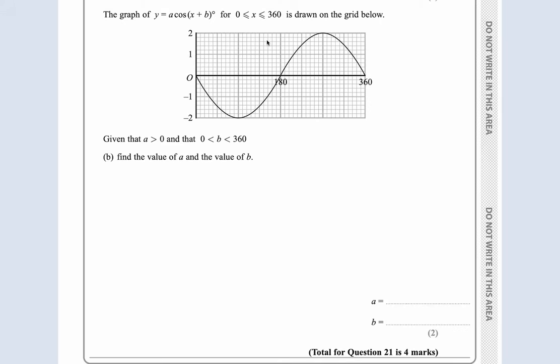So what's happened is, let me actually try and draw something for you guys. The normal cosine graph starts here.